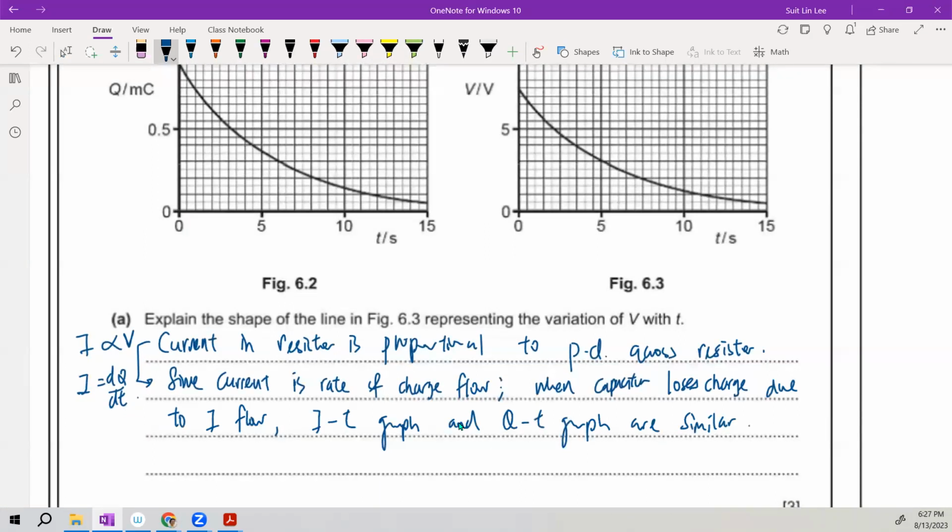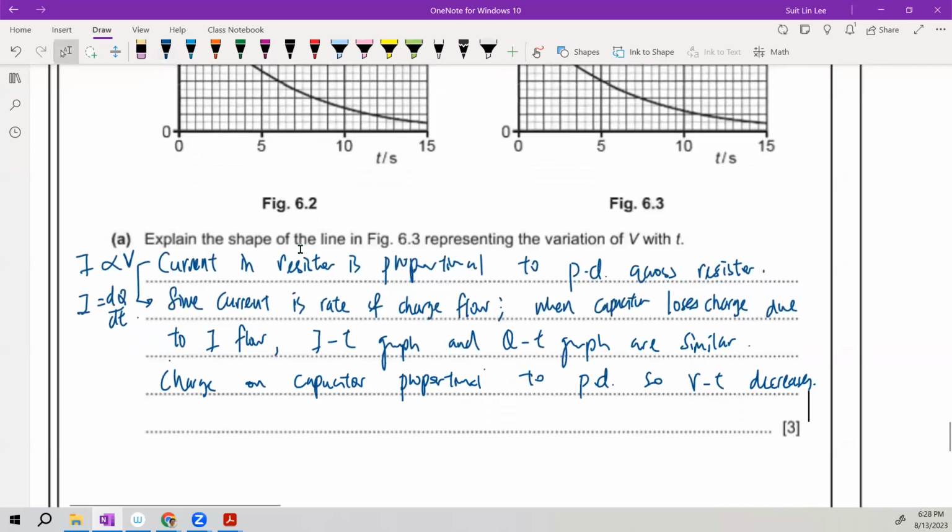Okay. So because of this, charge on capacitor is proportional to the potential difference. VT decreases.